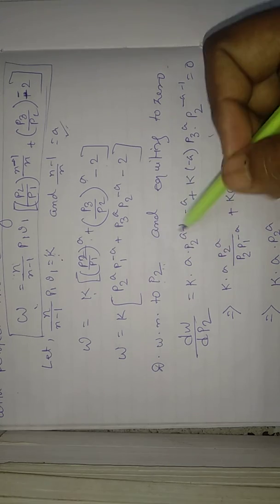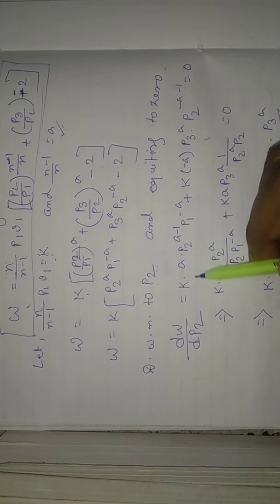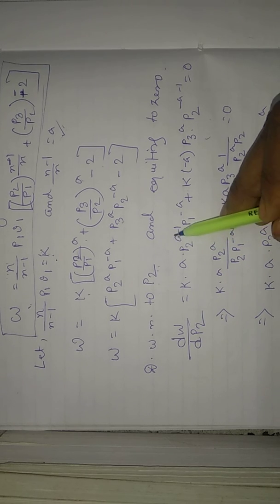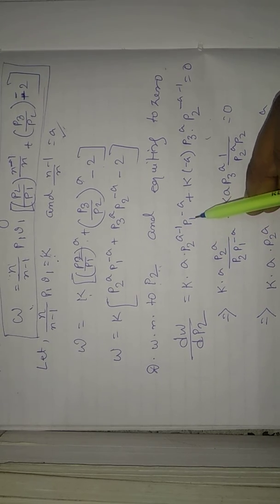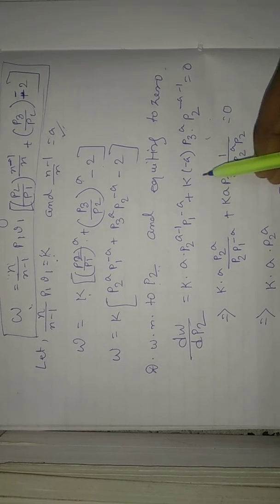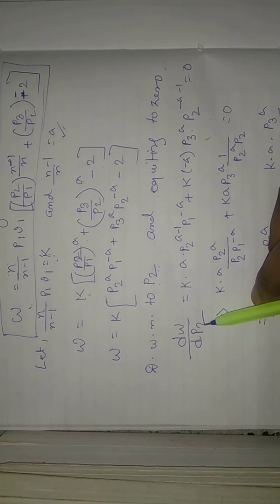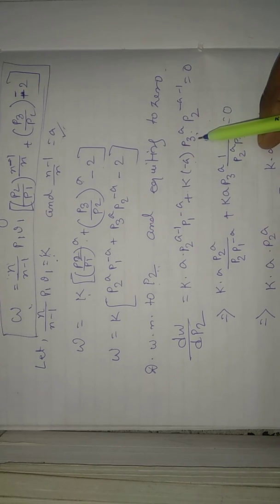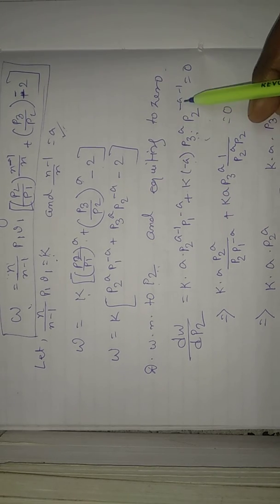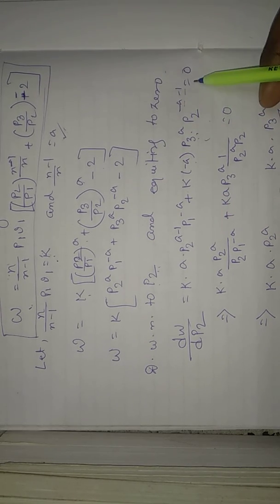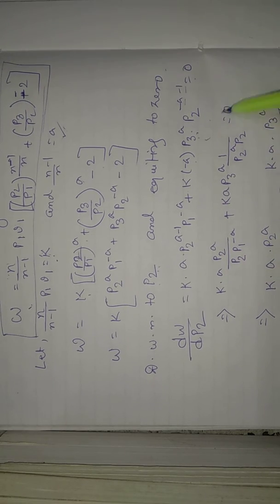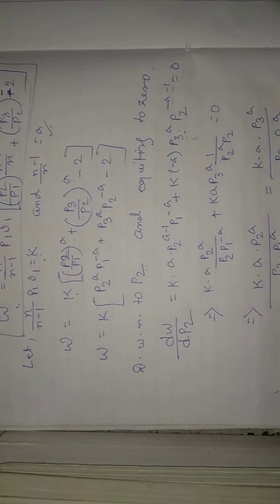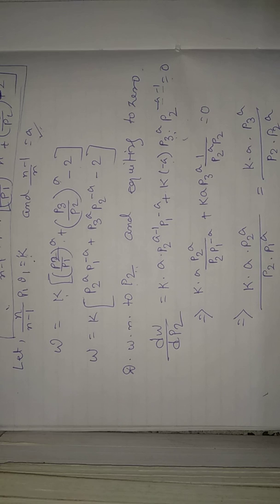Any problem? I think this is fine. Now K into P2 to the power A minus 1 into P1 to the power minus A, plus K into minus A into P3 to the power A into P2 to the power minus A minus 1, is equal to 0, to get the condition for maximum efficiency.